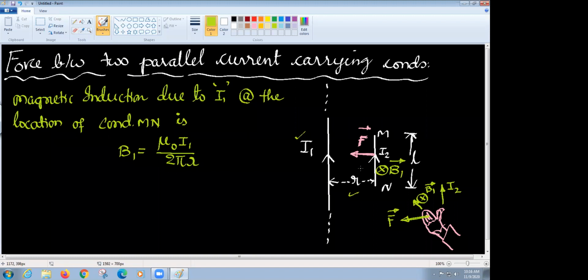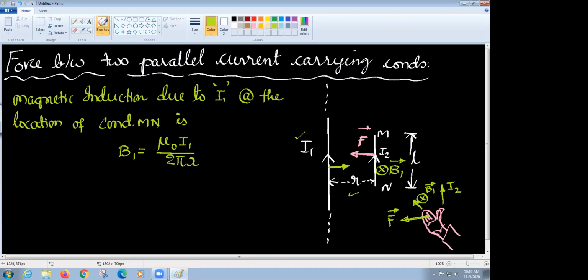Similarly, according to Newton's third law, every action has an equal and opposite reaction. Otherwise, you find the magnetic induction B2 due to this current carrying wire Mn.